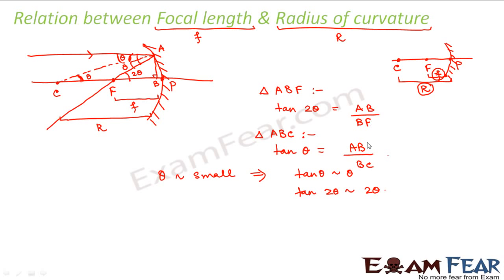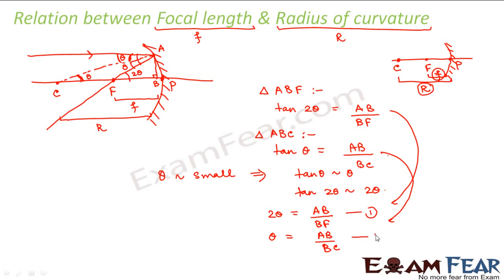So what happens to these two equations? You can write these two equations like this. You can say that 2 theta is equal to AB by BF and theta is equal to AB by BC. Right? So this is your first equation and this is your second equation.